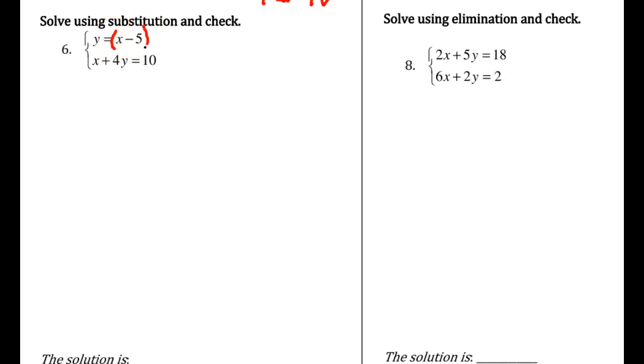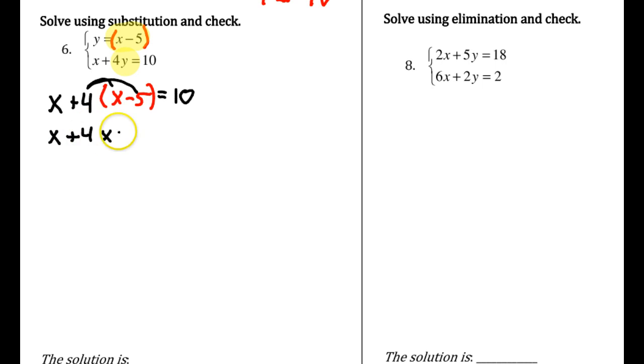And this time we have a y equals, so I'm going to substitute x minus 5 into that y right there. This will require some distributive property. So we have 4x minus 20. x plus 4x minus 20 is 10. 1x plus 4x, 5x, minus 20 is 10.